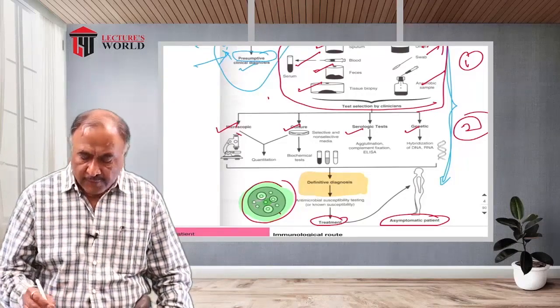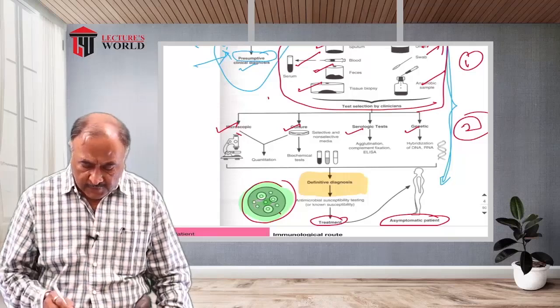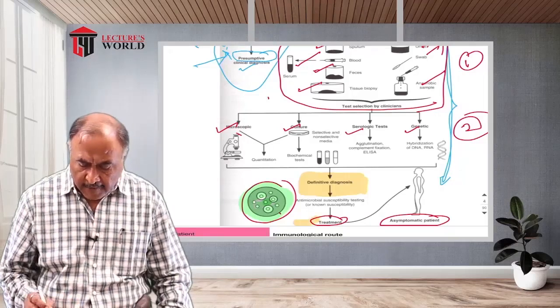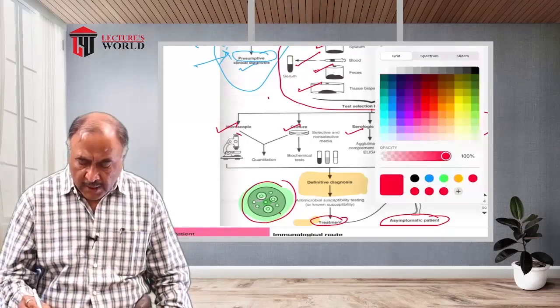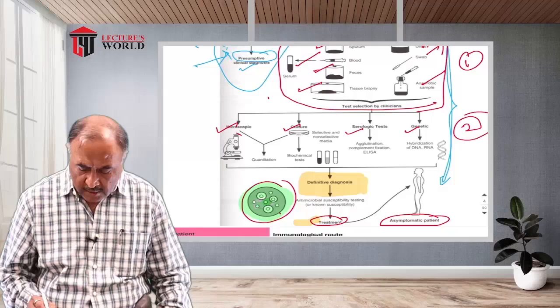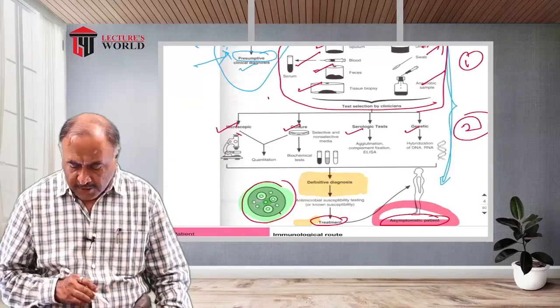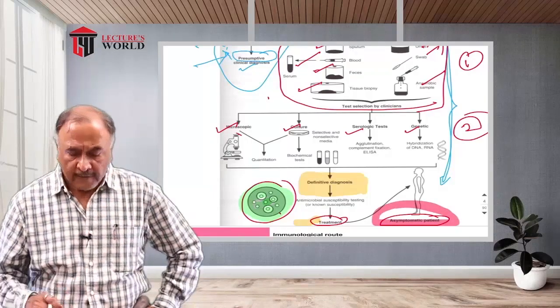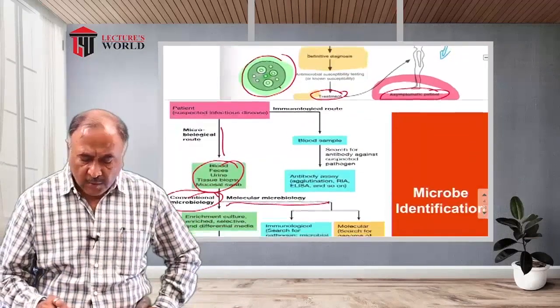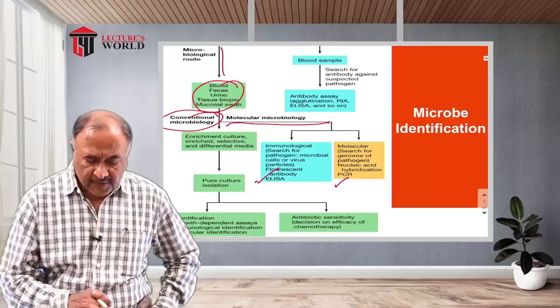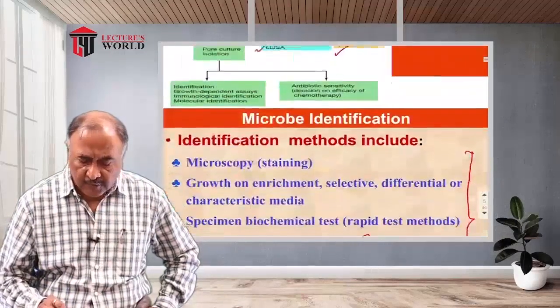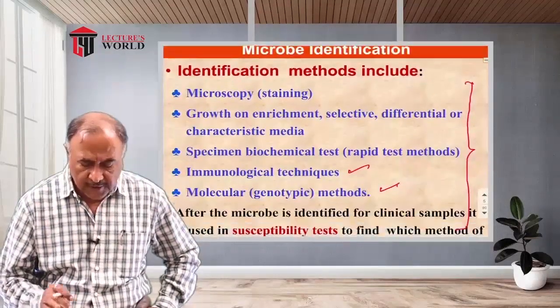And therefore, treatment is done, and ultimately the patient will improve and will show what we have as an asymptomatic patient. So this is how a flow chart basically works. This is the same thing which was shown or discussed earlier.